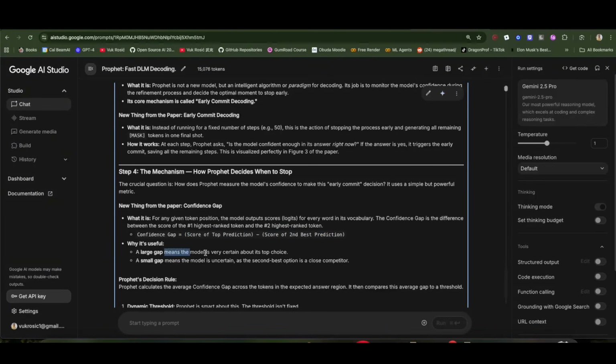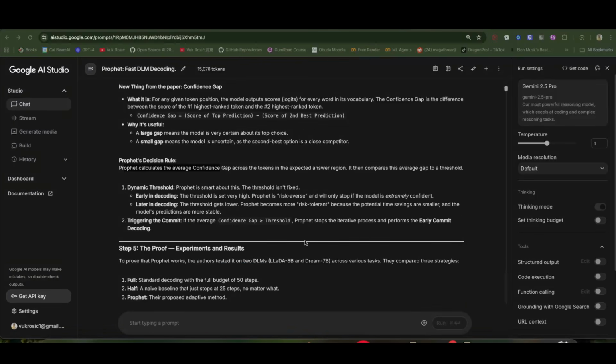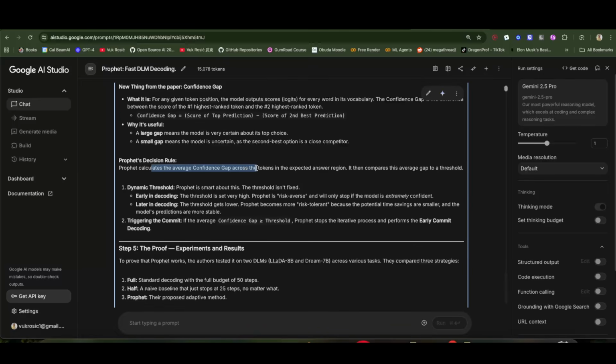A large gap means the model is very certain about its top choice. A small gap means the model is uncertain, as the second best option is a close competitor. ProFET calculates the average confidence gap across the tokens in the expected answer region. It then compares this average gap to a threshold. Dynamic threshold: ProFET is smart about this.